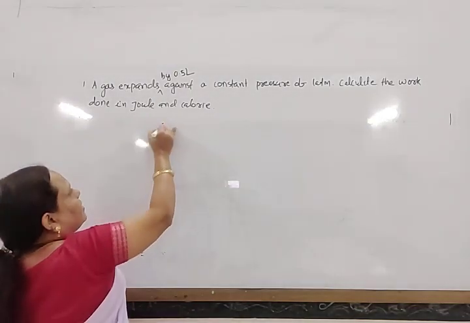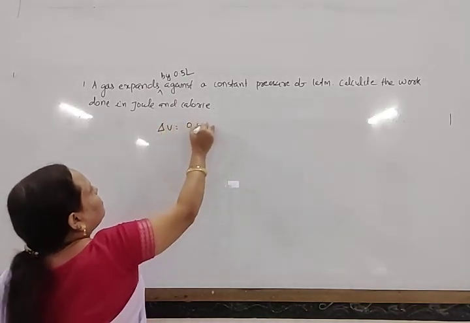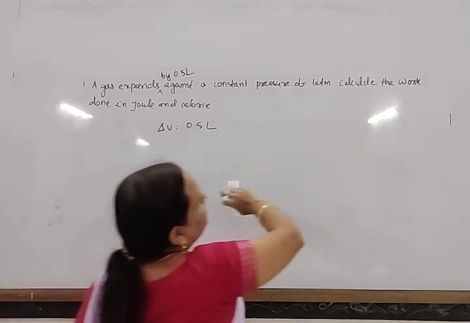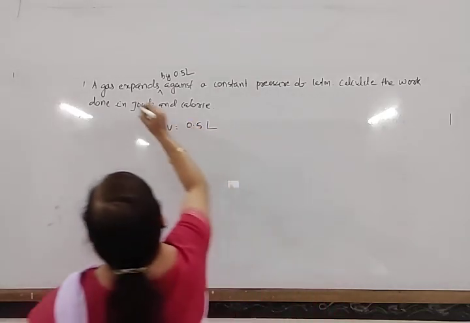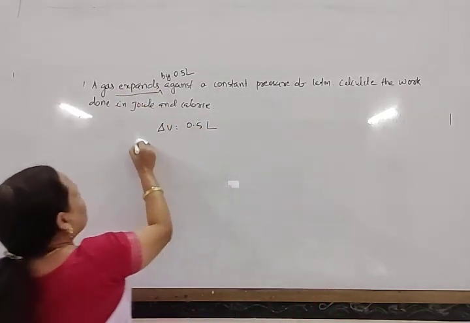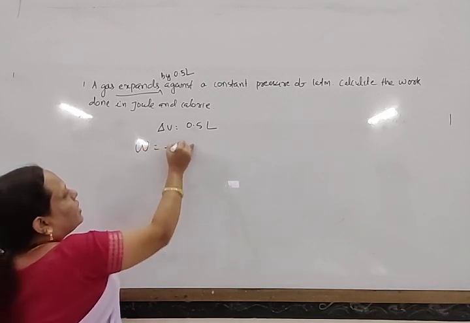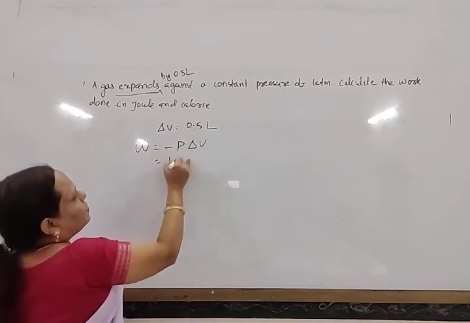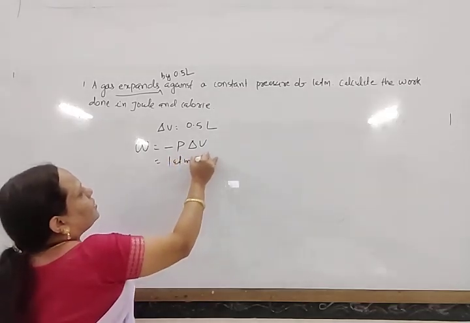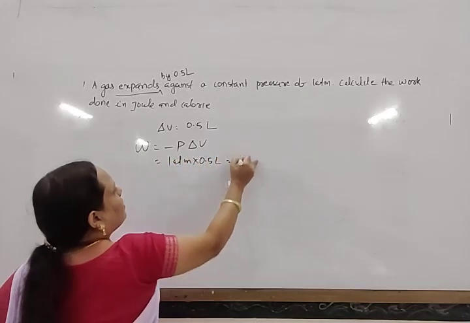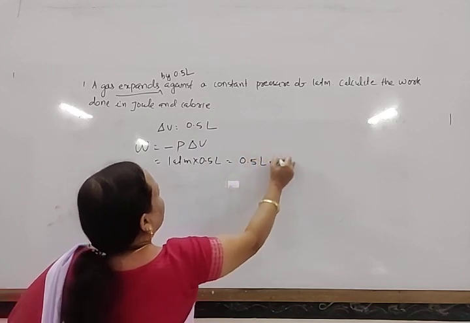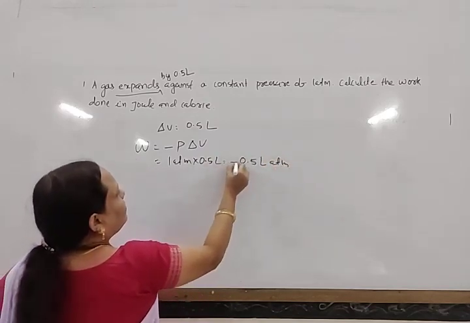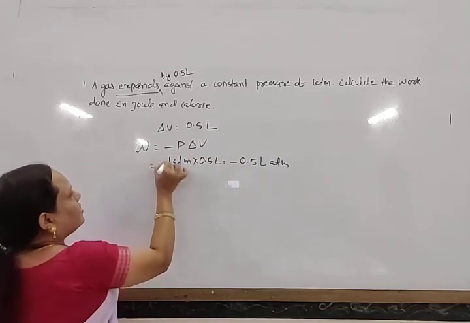So your del V is already given as 0.5 liter, and it is expansion, so W is equal to minus P del V. So P is 1 atmosphere, and 0.5 liter, so minus 0.5 liter atmosphere. Don't forget to give the negative sign.